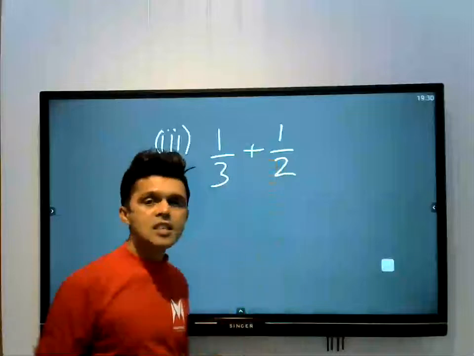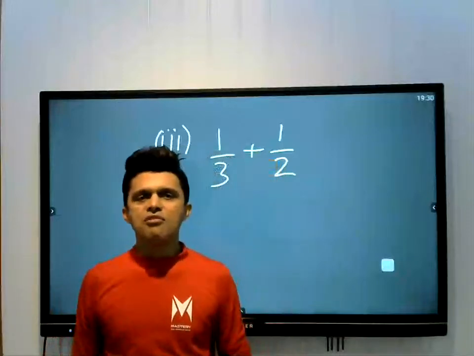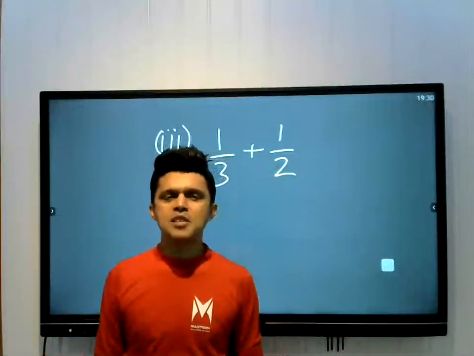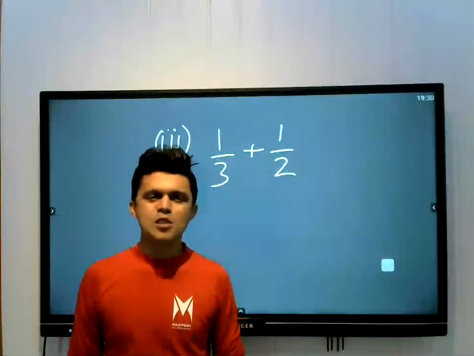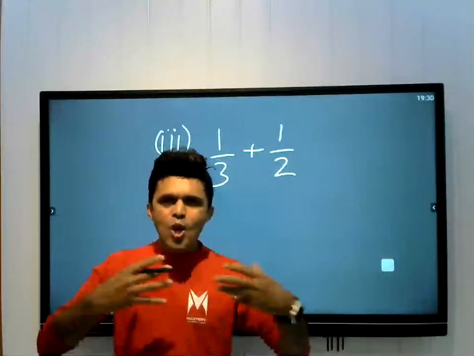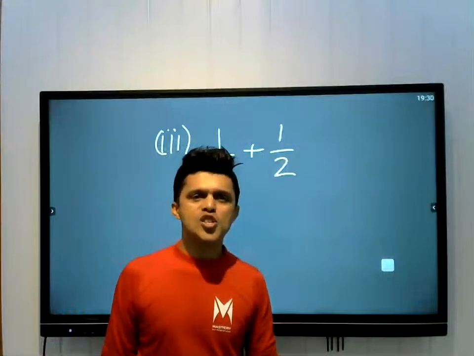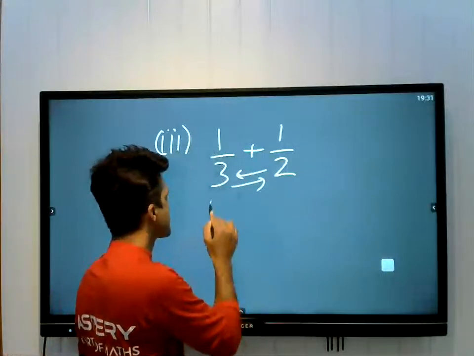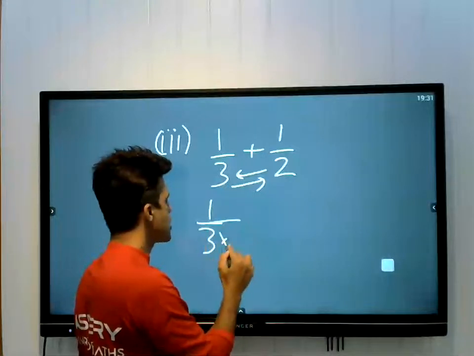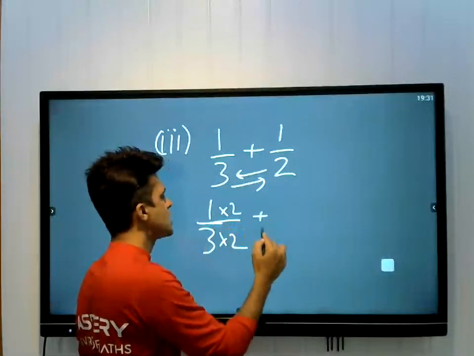Then 1/3 plus 1/2. This is the one we previously did. How can you add these fractions? To add these fractions, you change the denominators to match. So this 1/3 is multiplied by 2 on both sides.